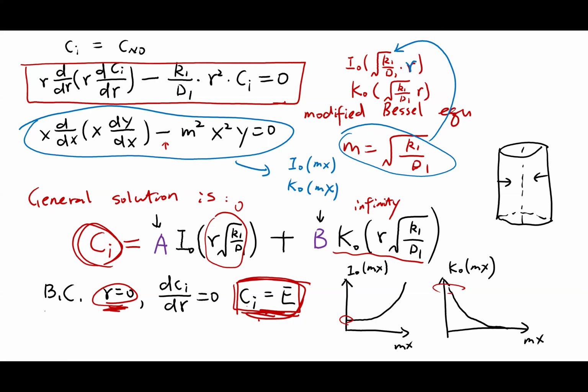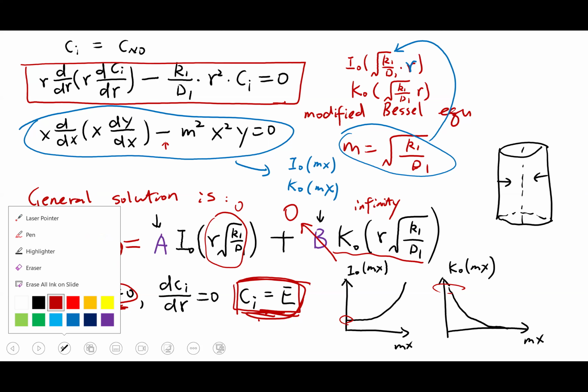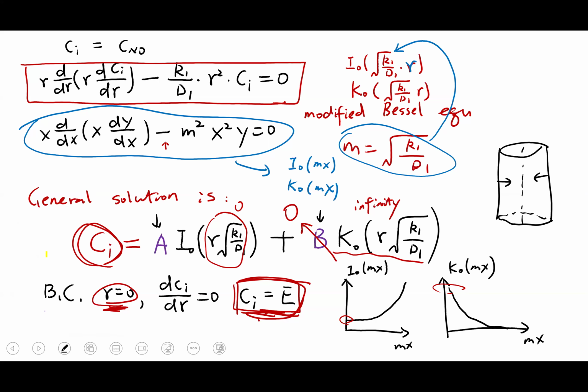So what can we conclude based on this? We can conclude that B must be 0 because we want to get rid of the K0. So eventually, the final expression for this simple problem is that Ci will just equal A times I0(r times square root of k1 over D1).